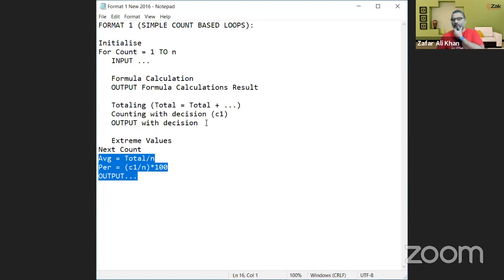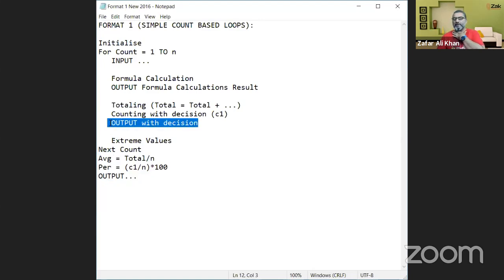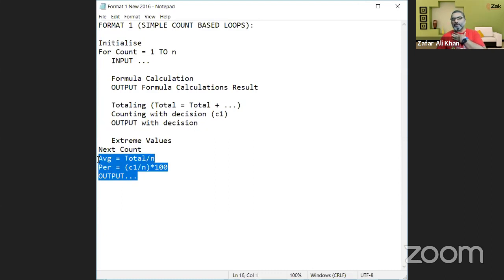So when counting with decision, output with decision appears, it just appears inside the loop and has no further consequence outside the loop.